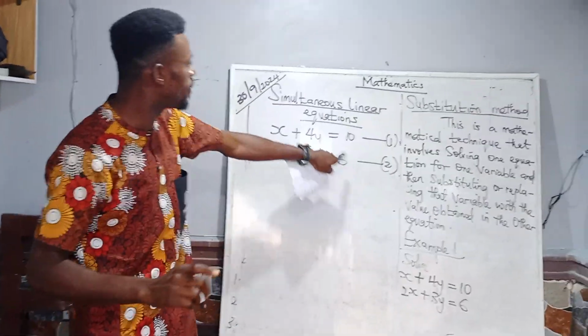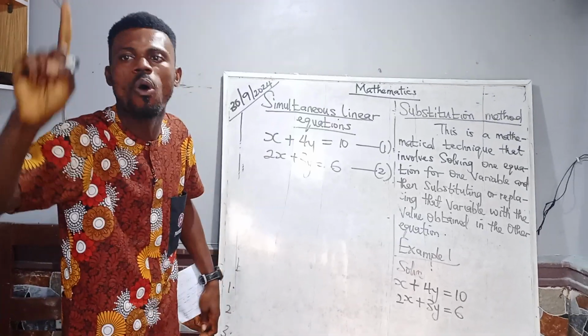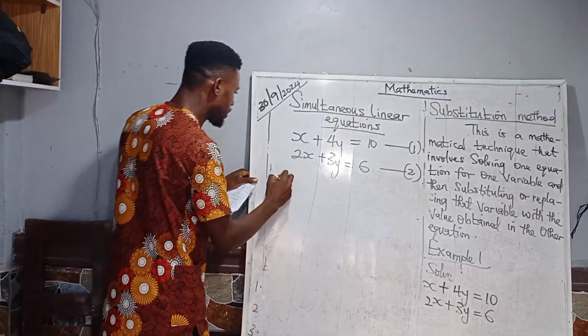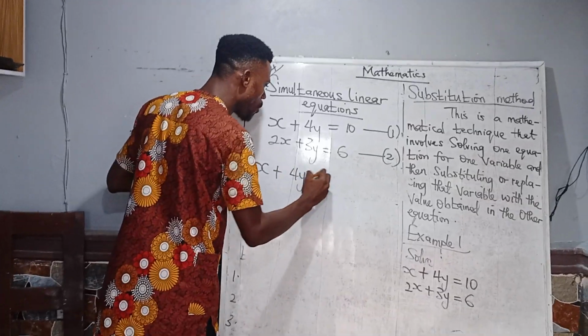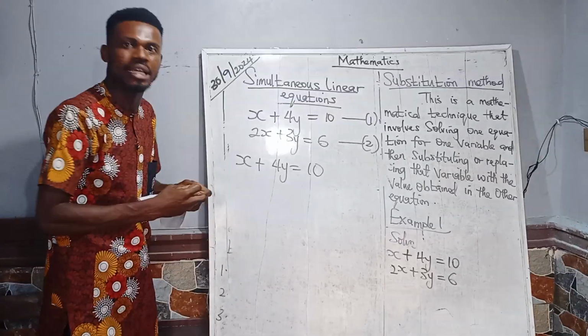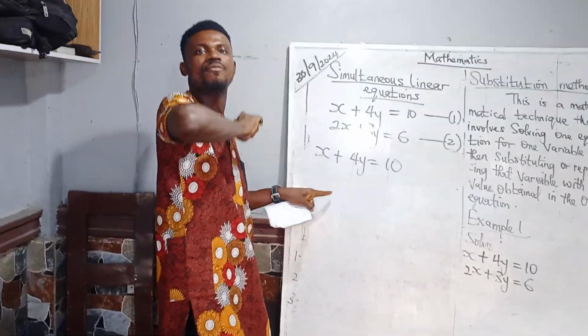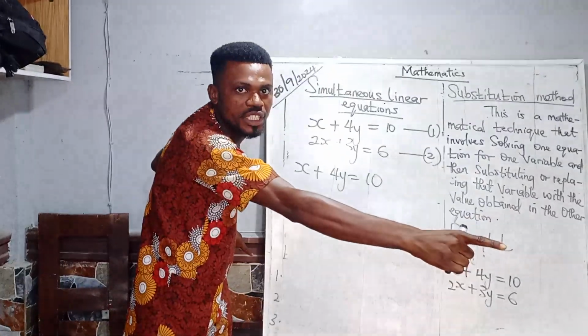Like I said, from the first equation, we are going to solve for the value of one of the variables. Now let's see this. x plus 4y equals 10. Now I can solve for x here. What does it mean to solve for x? It means to make x stand alone, and then we move the other variable to the other side of the equation.